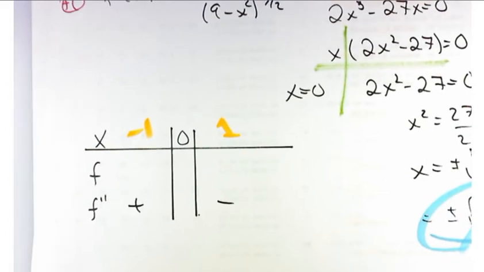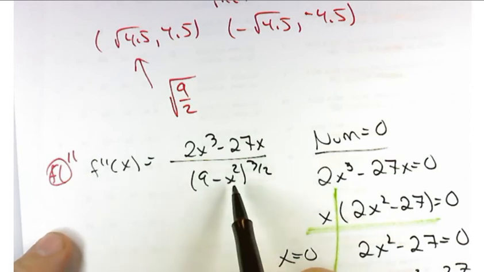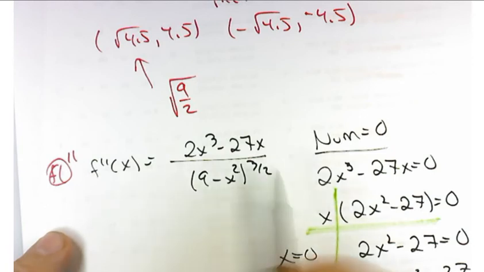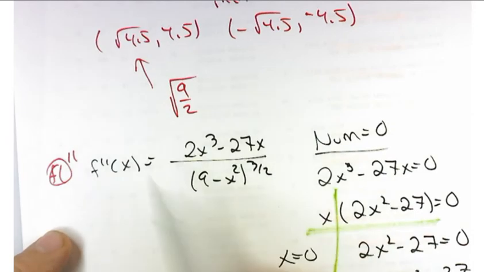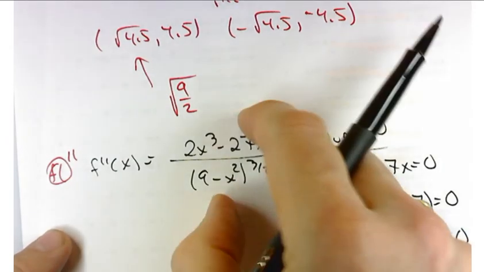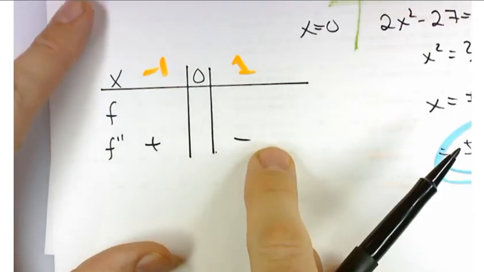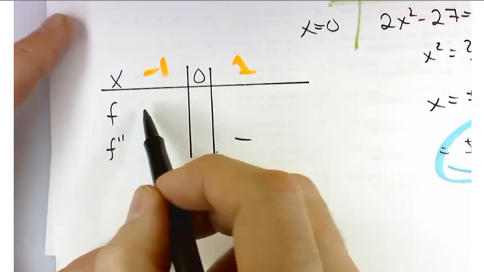Why did you put in the numbers from the denominator? Because I happen to know that this, no matter what you put in here, in the range of -3 to 3, this is always going to be positive. So it's a good question. I was just kind of taking a shortcut. Yeah. There's nothing wrong. Your calculator will tell you the same thing. If you put in the whole thing, you're going to get positive and then negative. And the important thing for us is what here? What's it telling us about our graph?